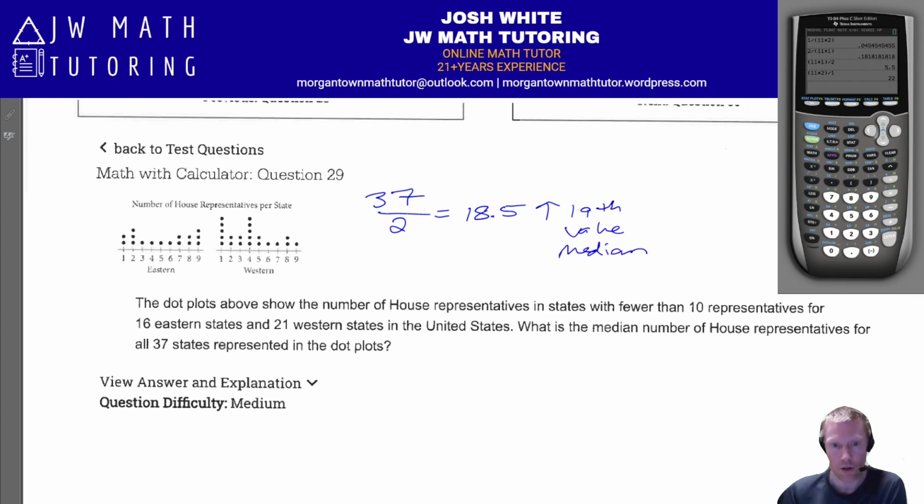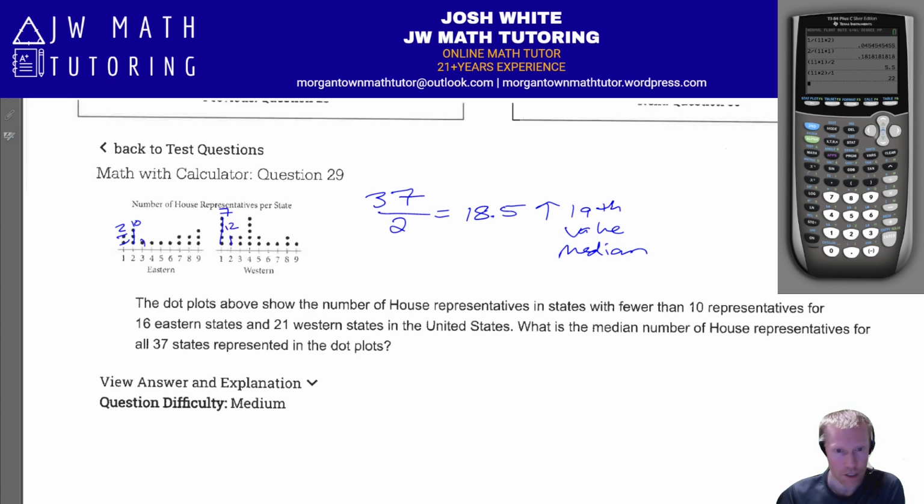So basically we're going to count up 18 dots until we get to the 19th one. That's our median. For example, I'm just going to go 2 here, and then 1, 2, 3, 4, so there's 5 here. So I'm just going to put the cumulative total. So that's 7. Then I add 3 more here, so now I'm at 10. And then I add 2 more here, so now I'm at 12.